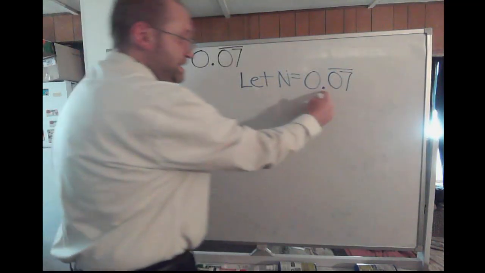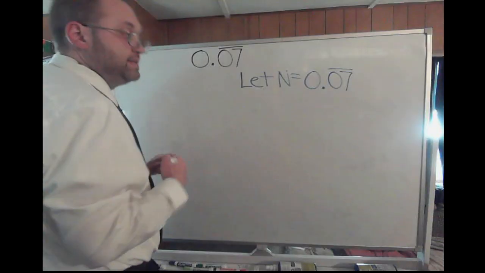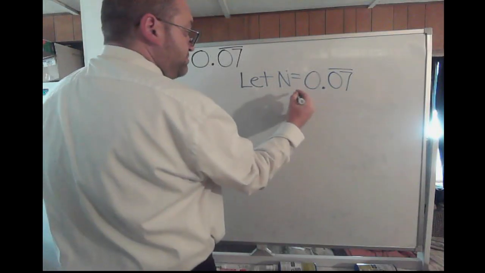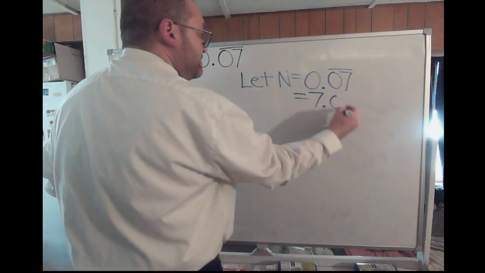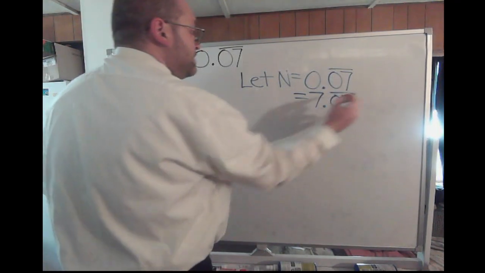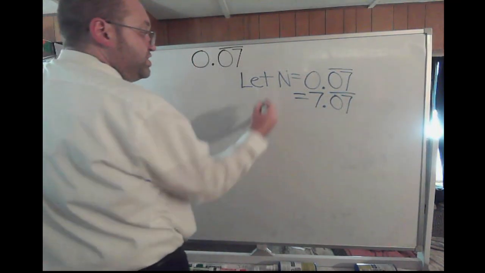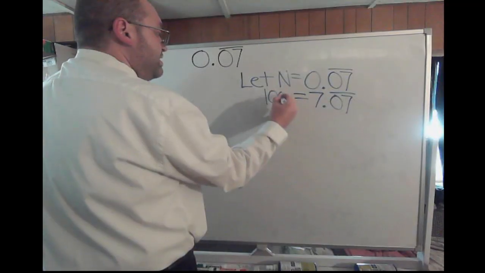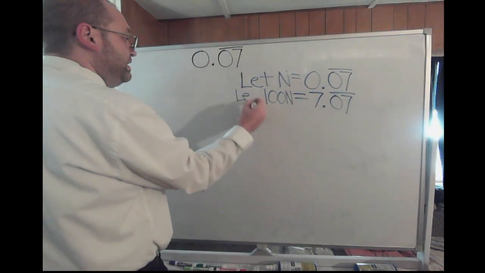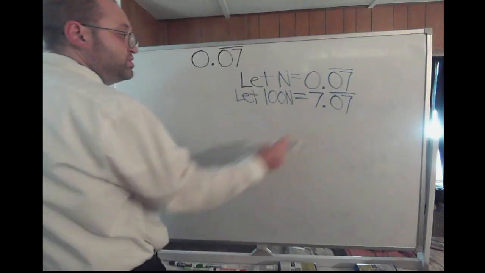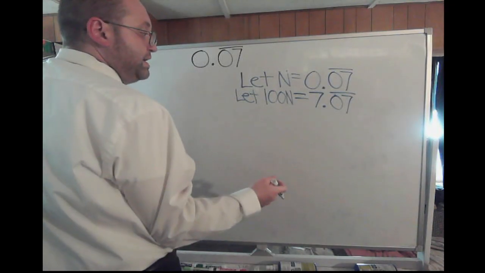We need to move the decimal 2 places to the right, which means we got to multiply by 100. If you do that, you get 7.07 repeating. But what you do to one side, you got to do to the other. You'll have 100n is equal to 7.07 repeating. So we'll let 100n equal 7.07 repeating.